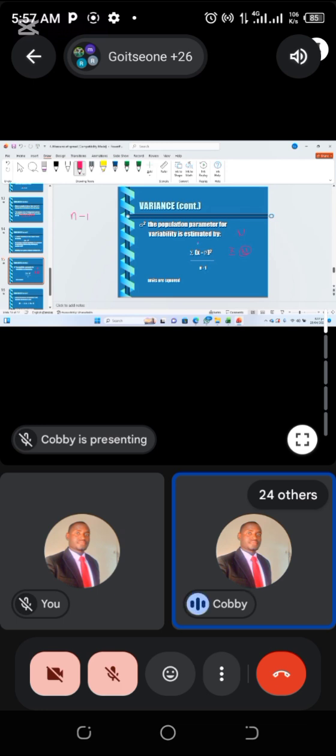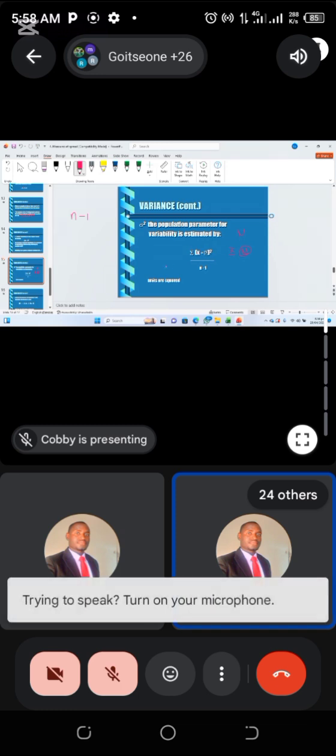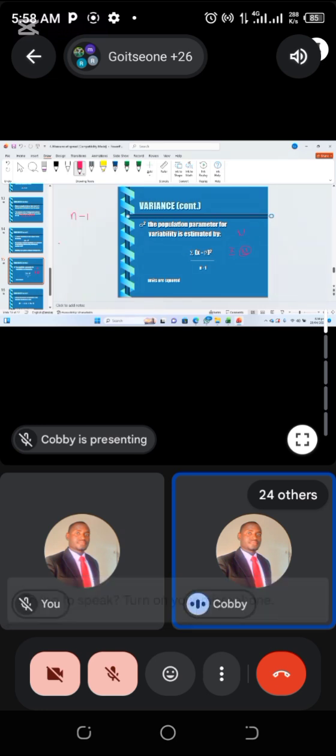So now this formula is the summation of X minus X bar, squared. X is the individual value in the data set. Then X bar is the arithmetic mean.